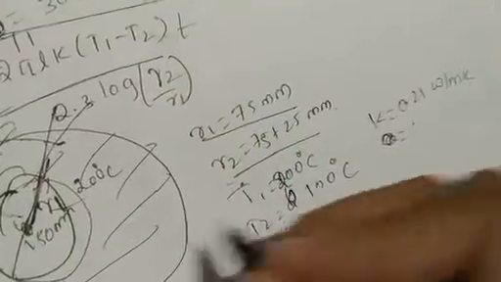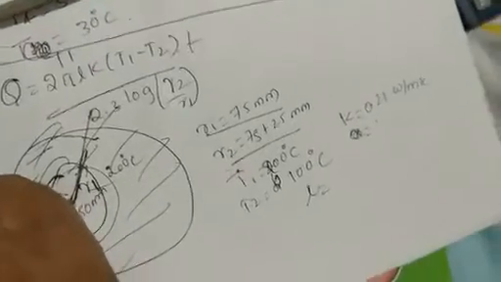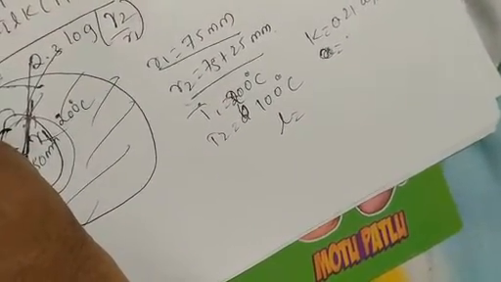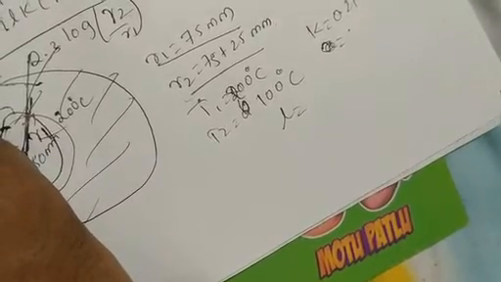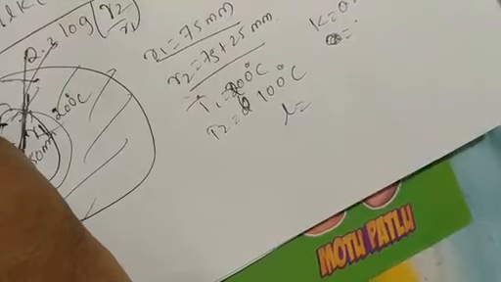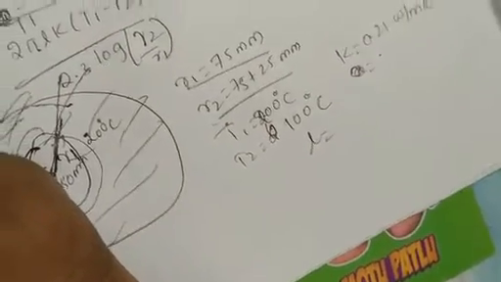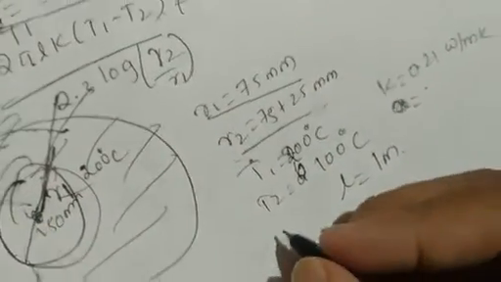Then substitute the values directly. The length of the pipe they have not given. Instead of giving the length, they have asked to find the amount of heat lost per meter, so the length of the pipe is 1 meter.